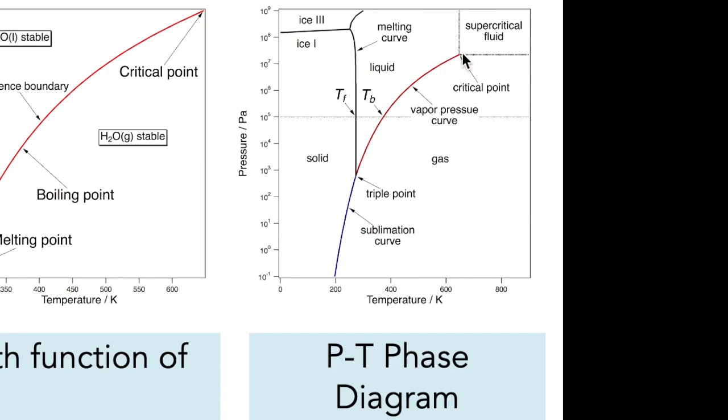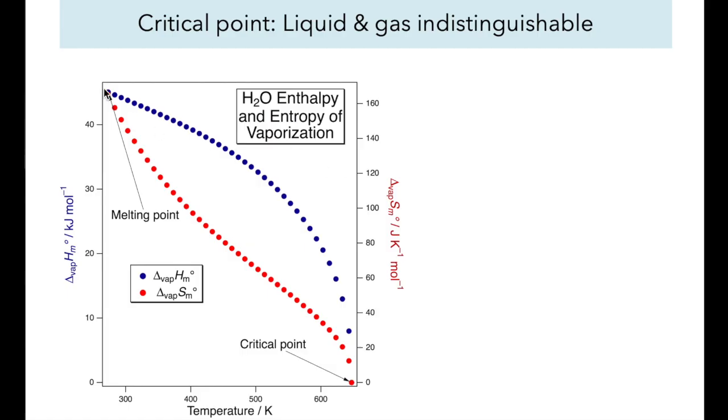The critical point marks the end of the gas-liquid phase divide, right? As we go toward the critical point, delta S and delta H for vaporization both tend toward zero.